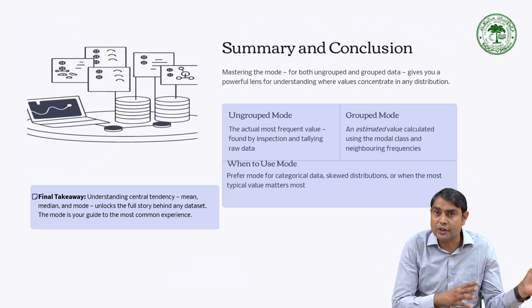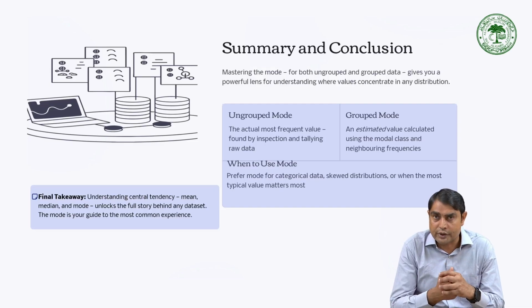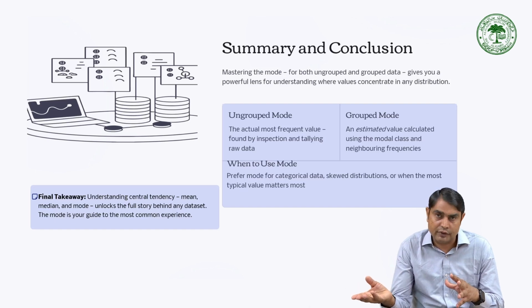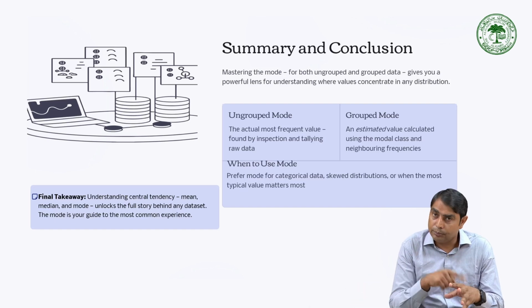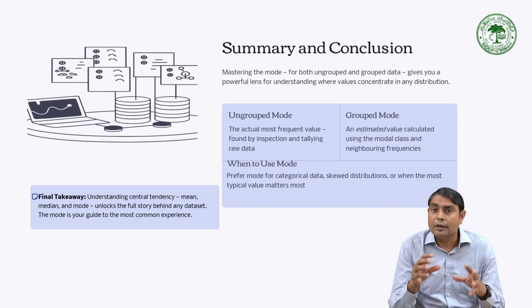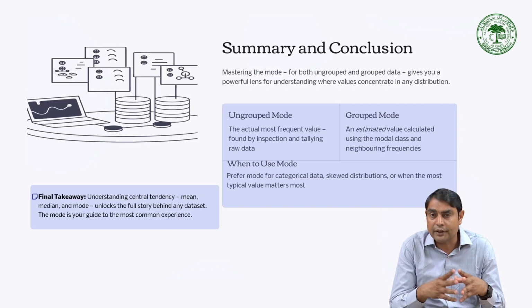Why? Because we were using cumulative frequency there. But in the mode, I'm not using the cumulative frequency. Rather, I'm using the frequencies, and therefore even the succeeding frequency is lower. Both preceding and succeeding frequencies are lower, and the reason is that mode itself means the highest frequency, right?